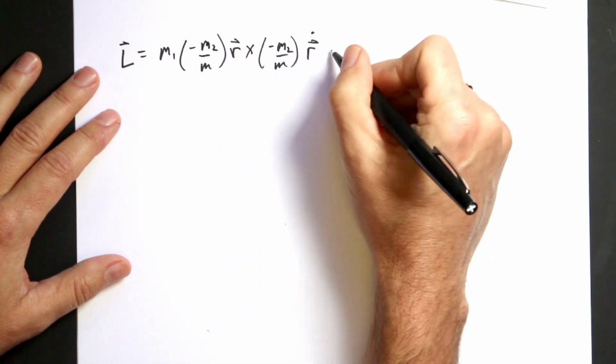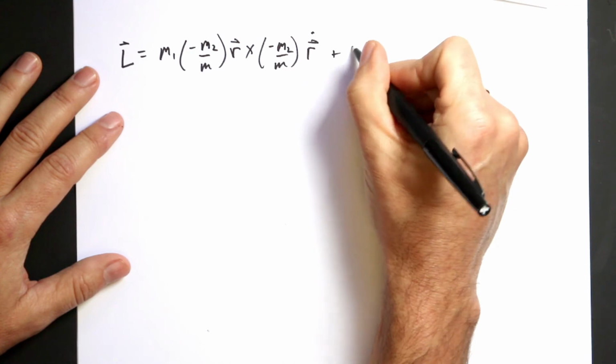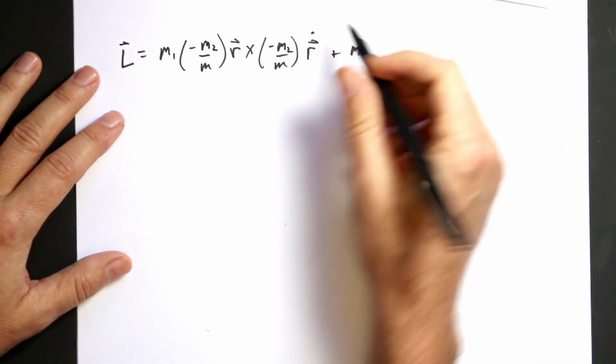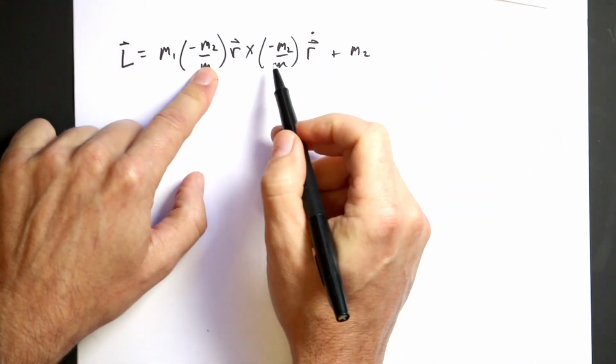Now I can do the same thing for the other mass, plus M2. And now I'm going to get this same term twice, so I'm just going to factor that out.